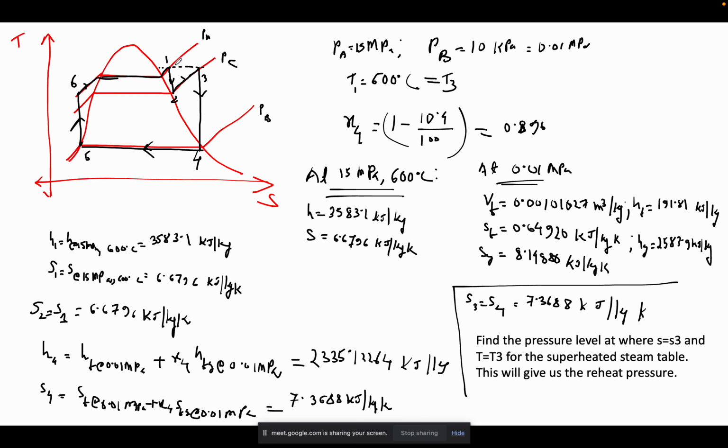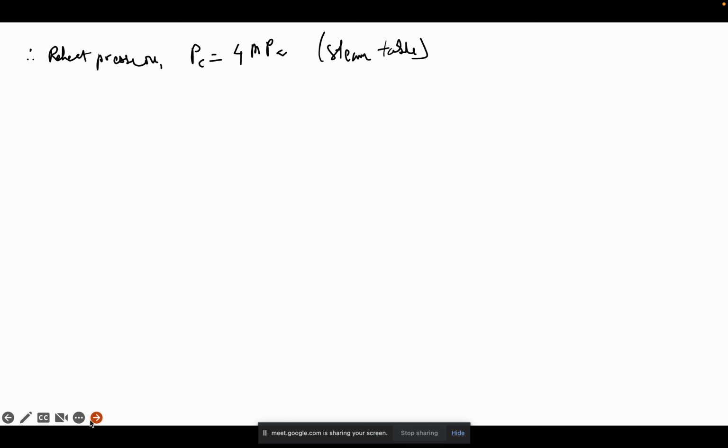Now I got enthalpy at 1. I can calculate enthalpy at 2. How can I calculate enthalpy at 2? Because at 2 now I know two values: one is the pressure level and the other is the entropy. So at that pressure level I check the entropy. Also I can calculate H3, so H3 will be nothing but H at 4 megapascal and 600 degrees Celsius.